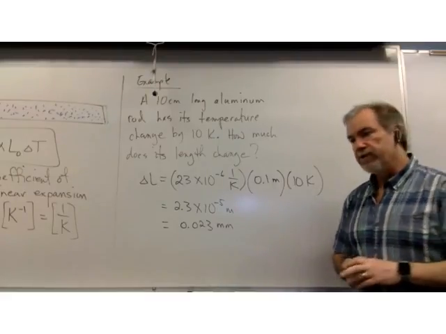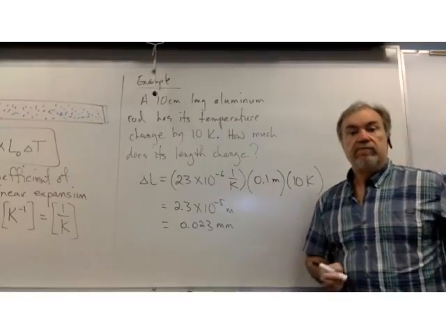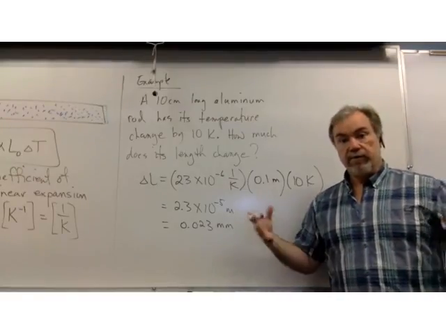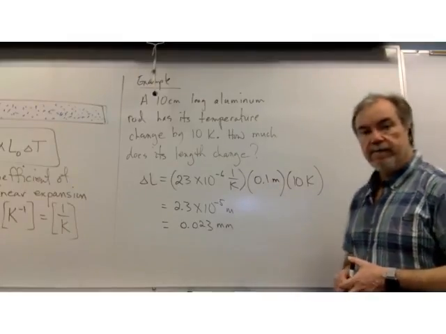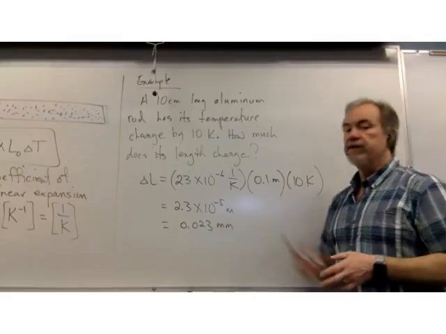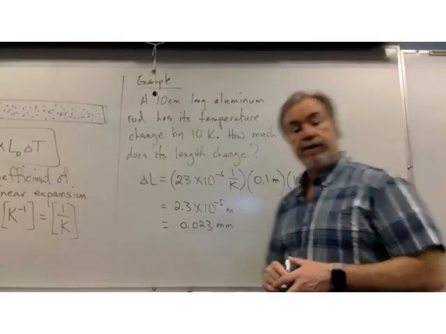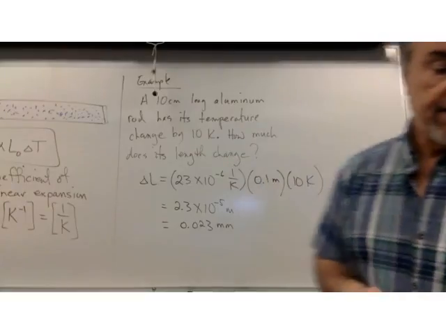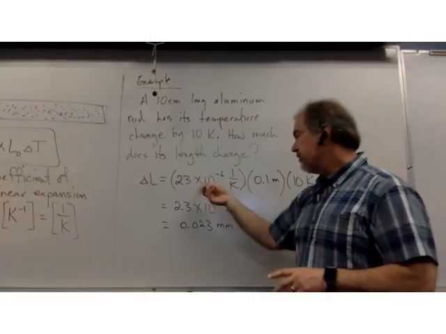You don't, as an ordinary matter, notice things growing and shrinking, increasing and decreasing in size on a day-to-day basis. These are very small changes as a general rule. And aluminum is one of the largest ones. Glass, for example, is just 9 times 10 to the minus 6, right?